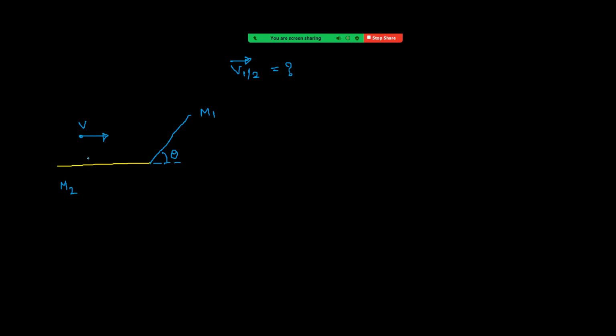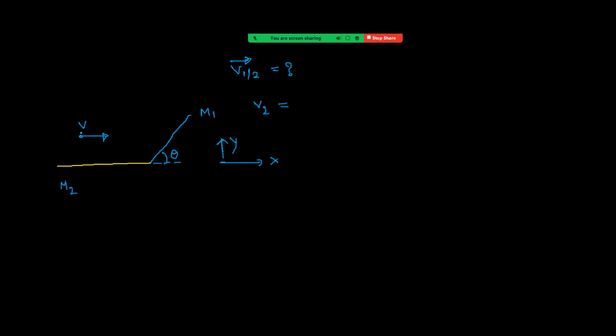Now do one thing. If you want to calculate velocity of image in mirror 2, I'm taking as V2. Let us do one thing. I'm taking this as x-axis and up as y-axis. Okay. That means here only object is moving.